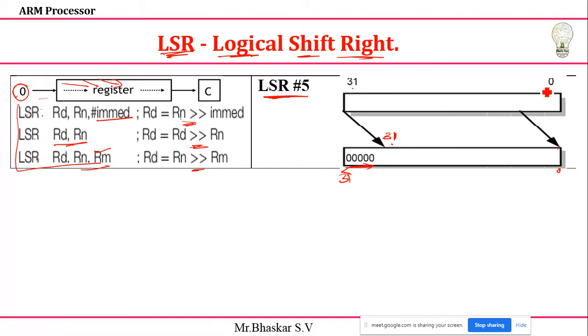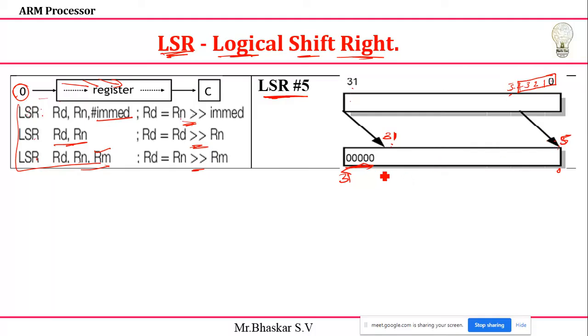You just think 0, 1, 2, 3, 4, next is the 5th bit. You are adding 5 zeros in this case, which means these 5 bits will be eliminated, right? 0 to 4 bits are eliminated, right? Then your 5th bit will come to here. So the 5th bit to the 31st bit will come to here, and the 5th bit will come to here.